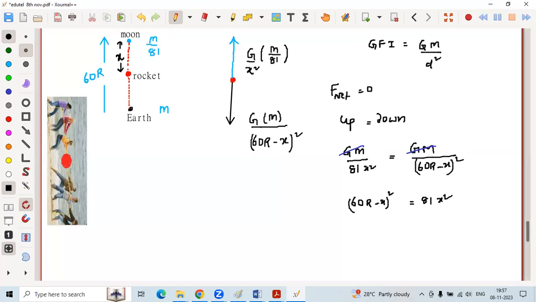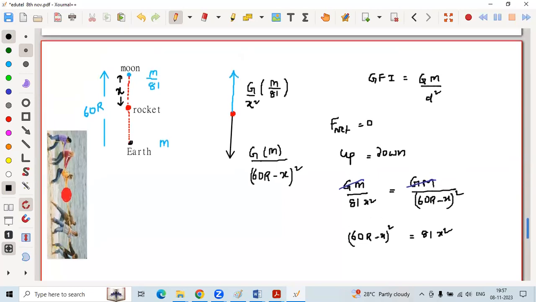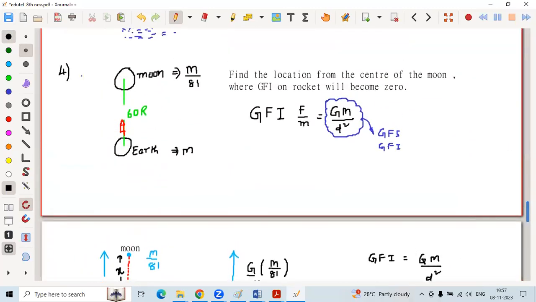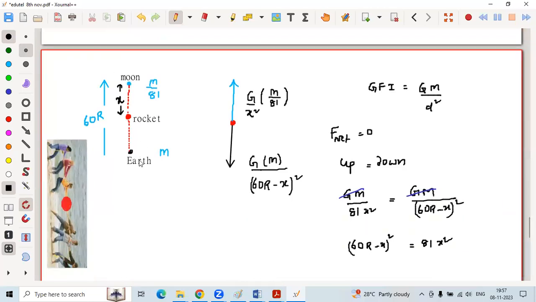Now from this, can you solve and tell me the answer for x? Please try to understand the question. Again, I'm repeating the question. See, the question is: find the location from the center of the Moon where the field intensity on the rocket will be 0. With the Moon and the Earth, all parameters were given.